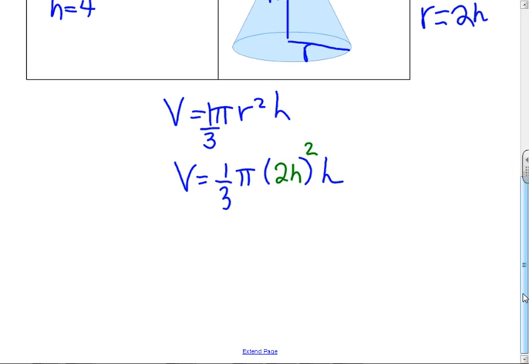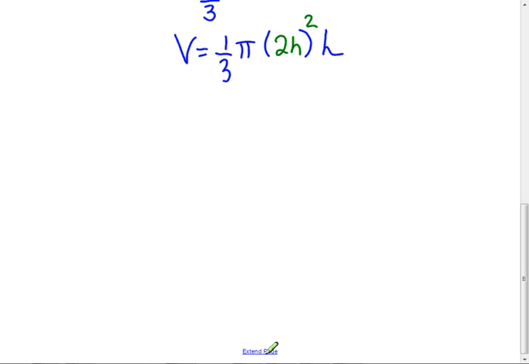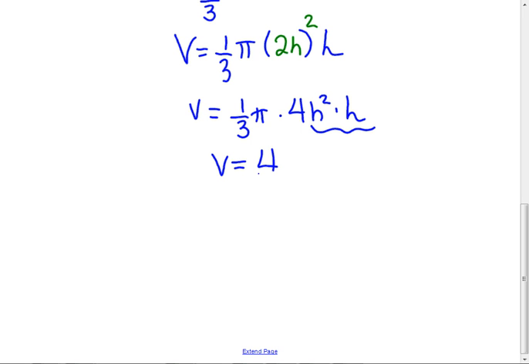No. We always want to simplify because that looks messy, doesn't it? So V equals, and now this is not calculus, this is just algebra. What is 2H quantity squared? 4H squared. Should I take the derivative now? No. We can do this. So I'm going to put all this 4/3 pi, that's just these factors, they're not terms, times H cubed. There it is. I got the volume equation.